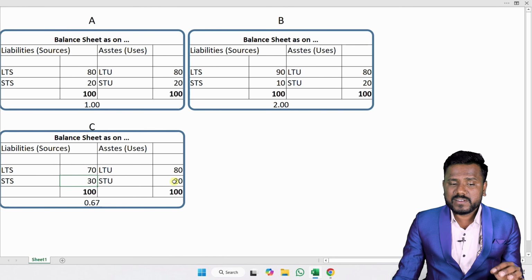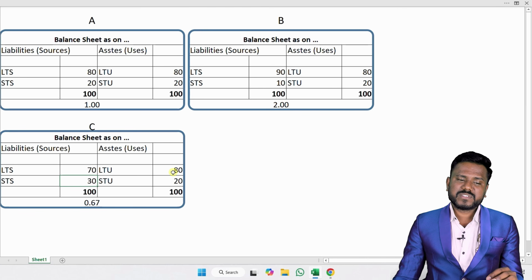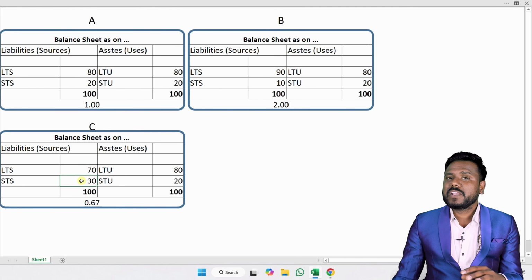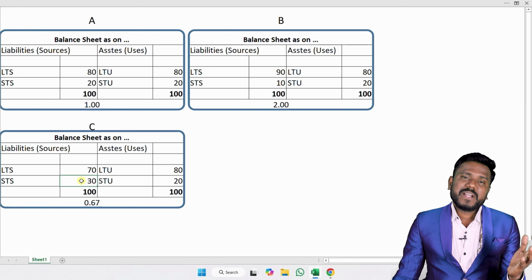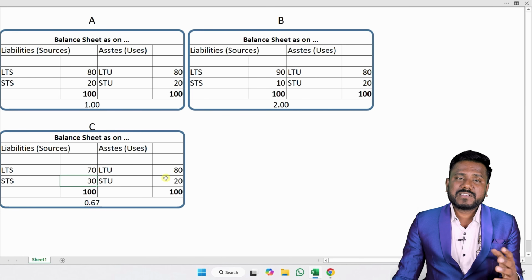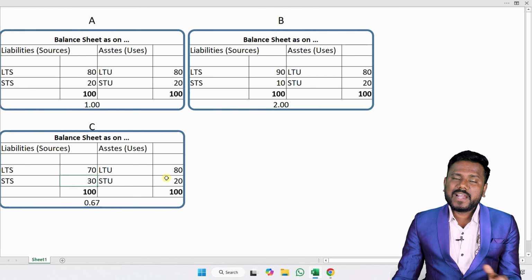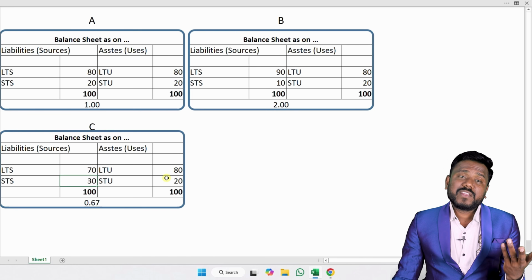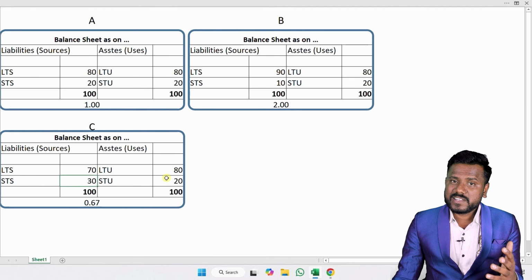So this company will definitely use the long-term uses to pay short-term. So they will be selling land and buildings, they will be selling furniture, fixtures. If the land, furniture and machinery are sold, there is no guarantee for the company's existence in the future.